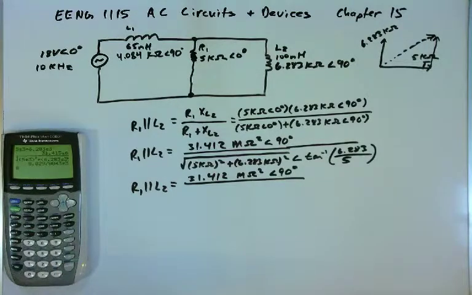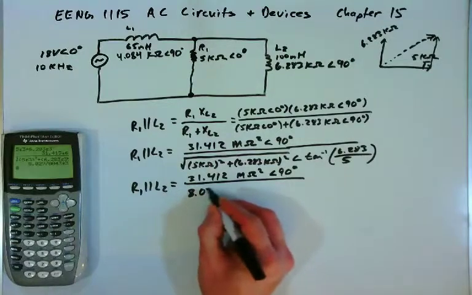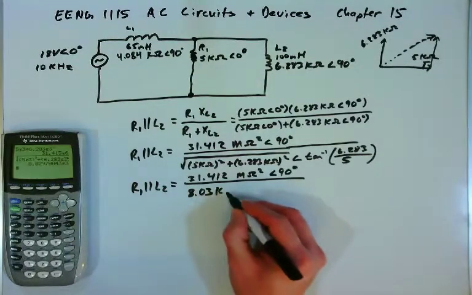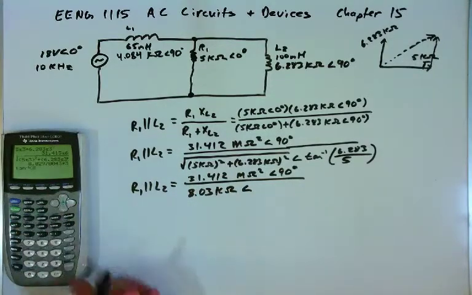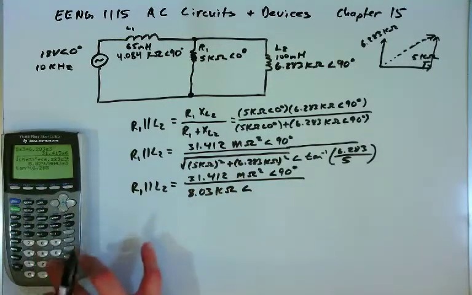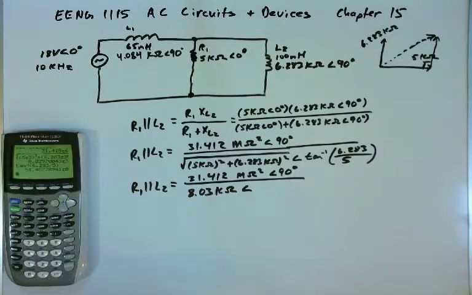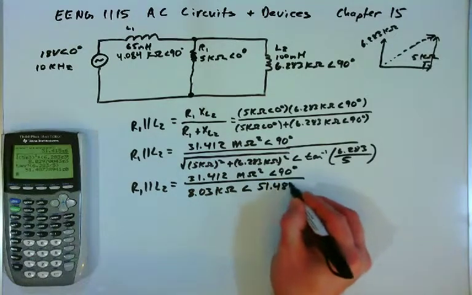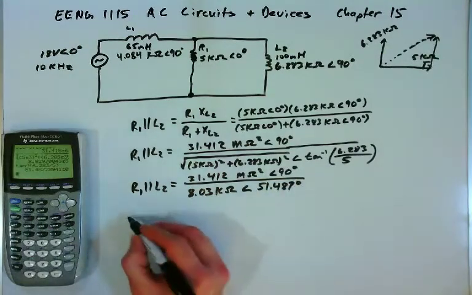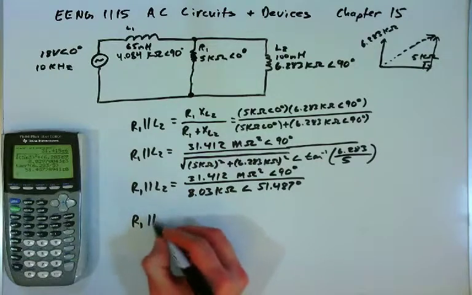The magnitude is 8.03 kilo ohms. The angle is the inverse tangent of 6.283 divided by 5. We get 51.487 degrees.